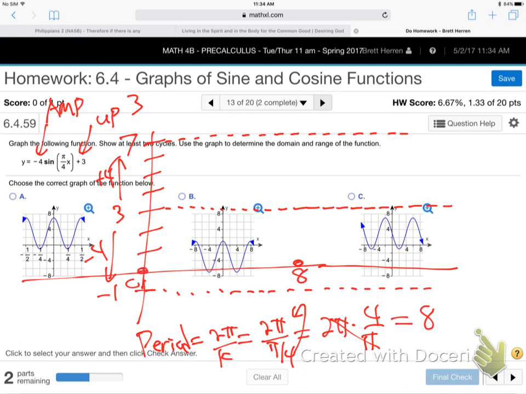Between 0 and 8, but on the midline. So 0 and 8 on the midline. Sine will do his thing, won't he? Between 0 and 8.